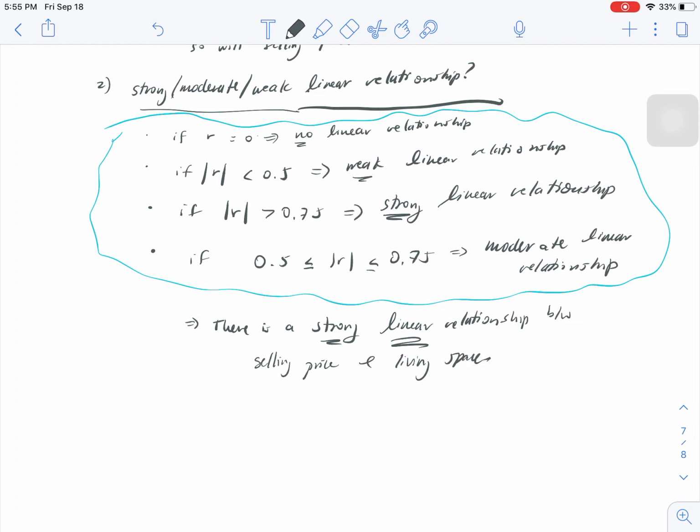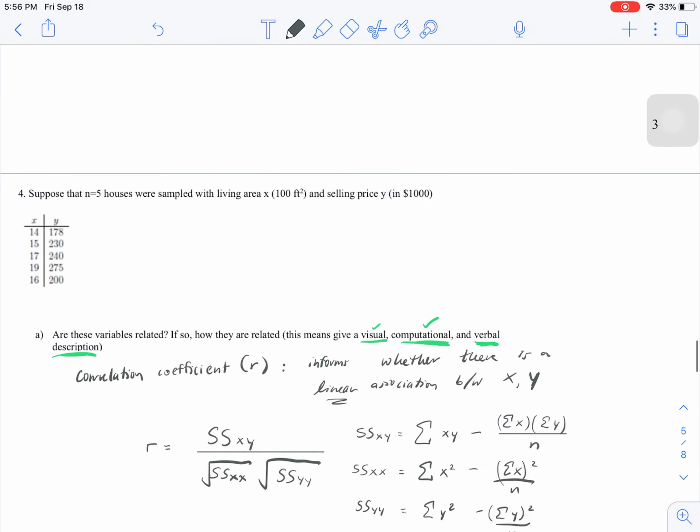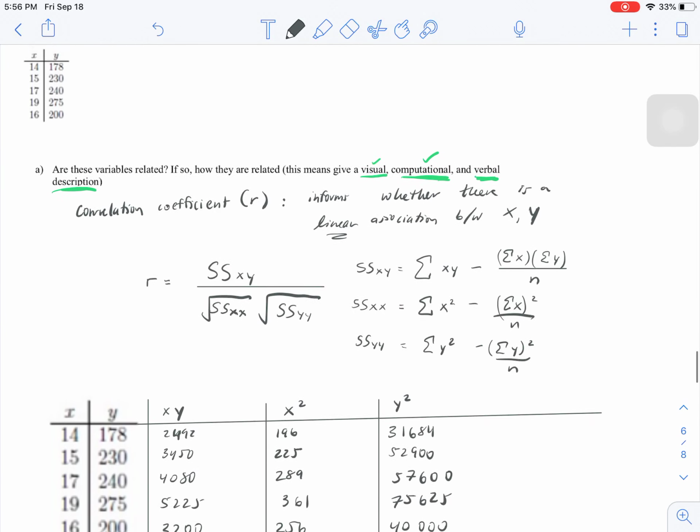So don't forget to use this word for whether it's strong, moderate, or weak, and this word linear. All right, so that finishes part 4A.